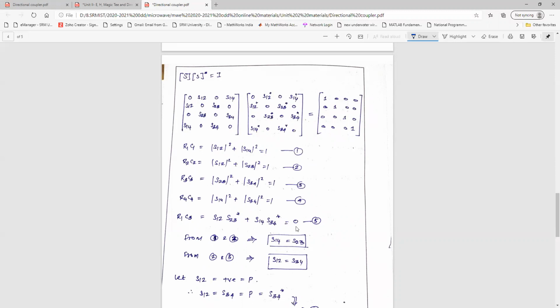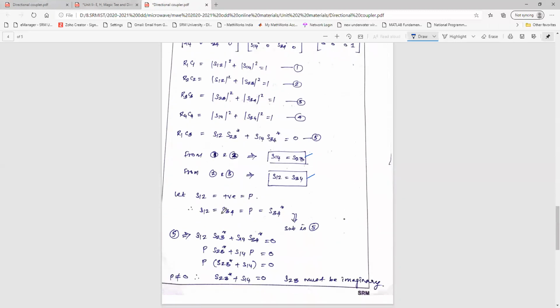Now from equations 1 and 2, I can write S14 is equal to S23. In the same way, from 2 and 3, I can write S12 is equal to S34. Let us assume that S12 is a positive component, which means S34 is also a positive component.